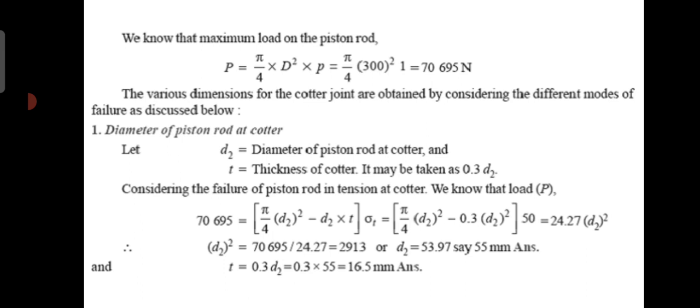Here we know that the maximum load on the piston rod, P equal to pi by 4 D square into p. P equal to pi by 4 into D square, where D is given in our problem as 300 millimeter.